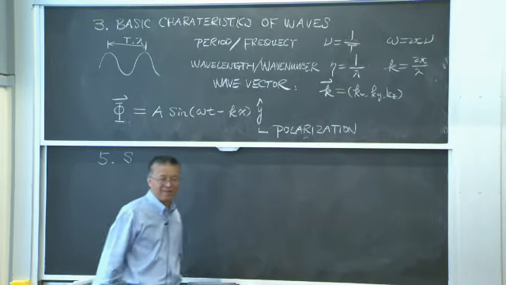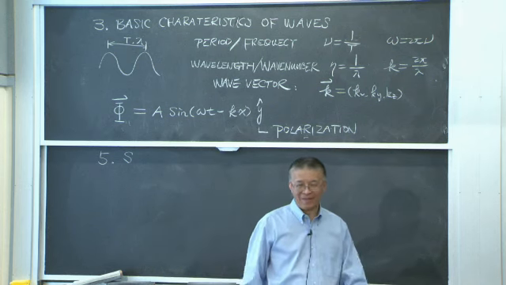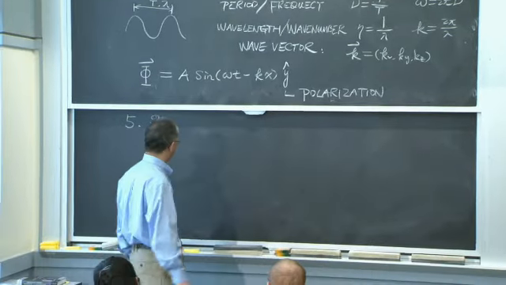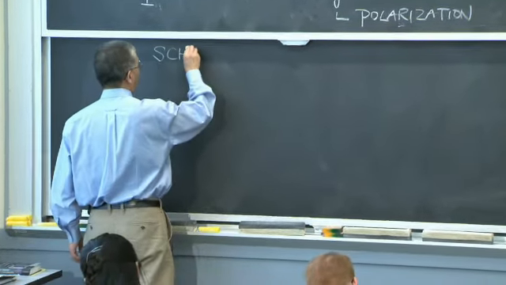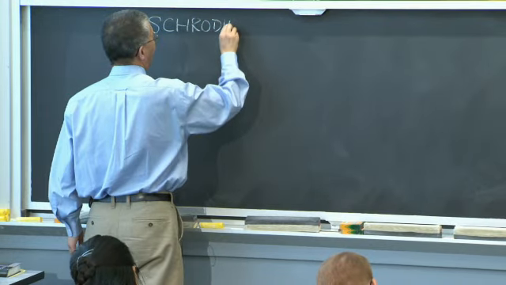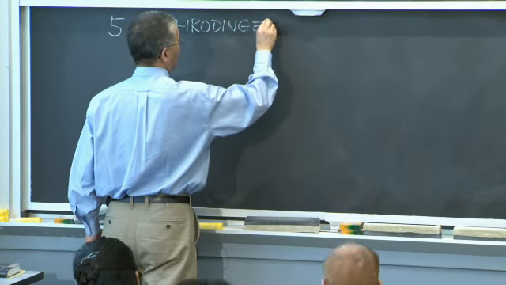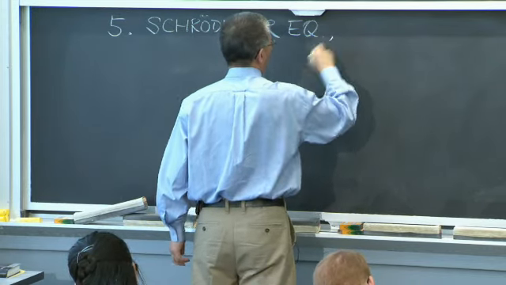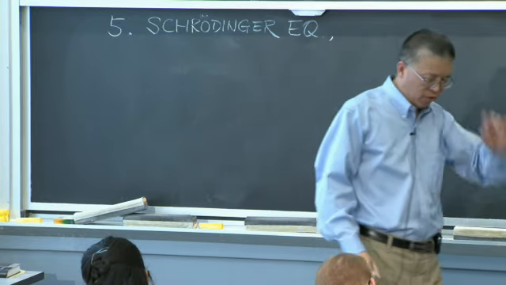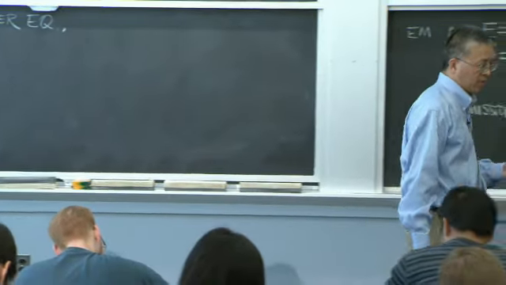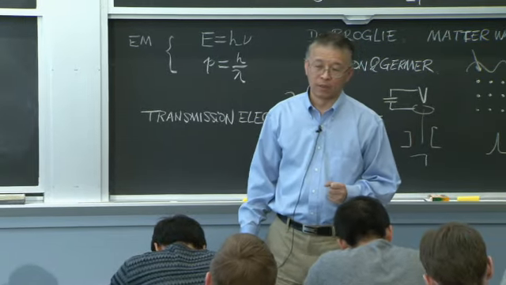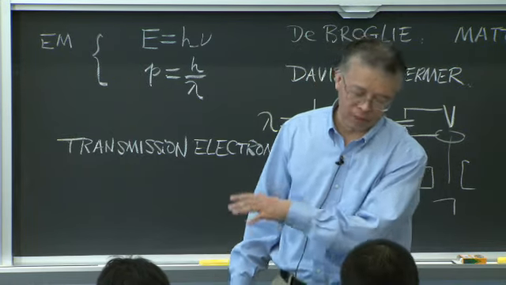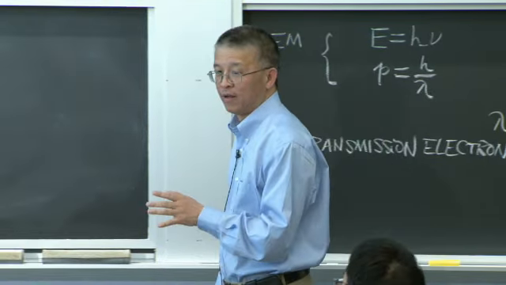Schrodinger is an older guy, but he's younger than me. He was in the 30, 35, or 38 range. Okay, Schrodinger equation. It turns out, before Schrodinger, Heisenberg developed a matrix-based description of quantum mechanics, right?